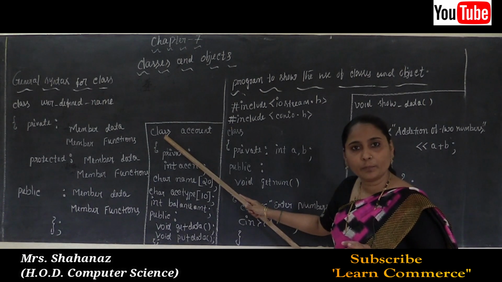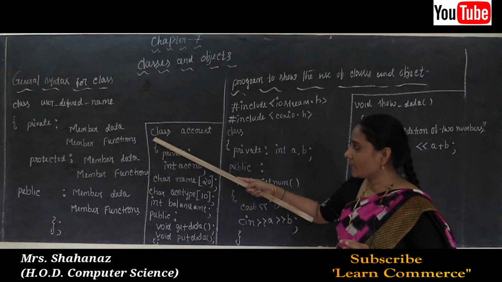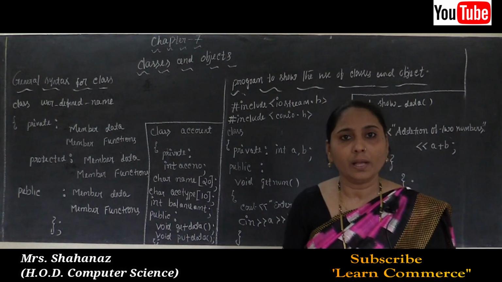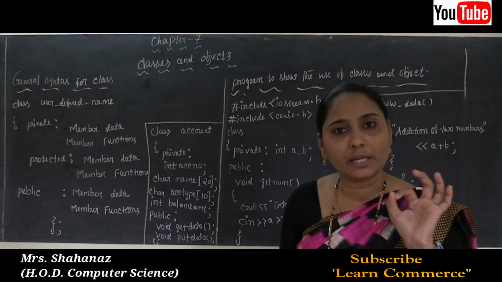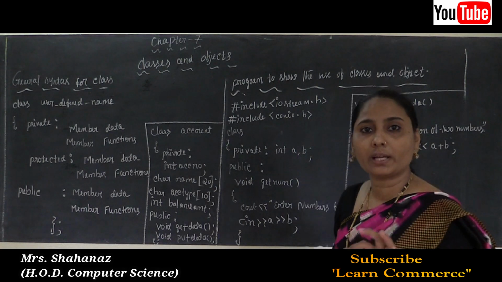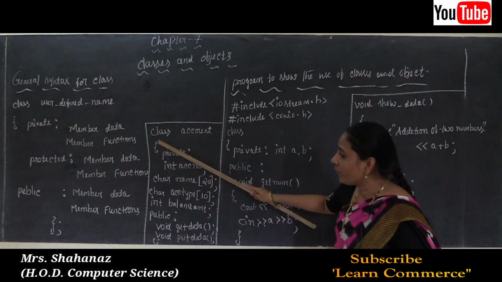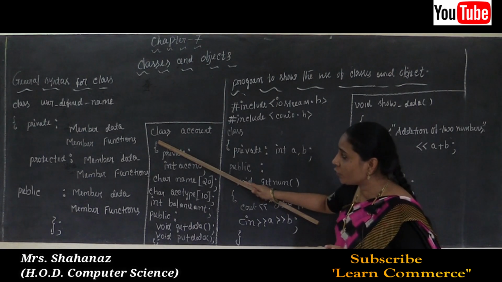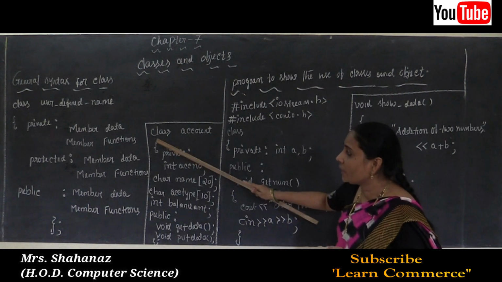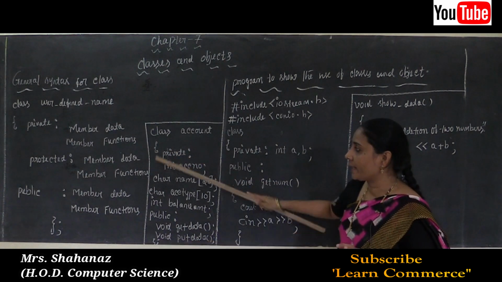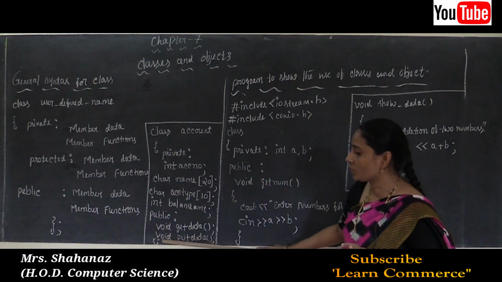So I started with the keyword class, and here account is the user defined name, that means the name of the class. Next, whatever I want to declare, I declare in the body of the class, using the opening and closing flower brackets with the semicolon.